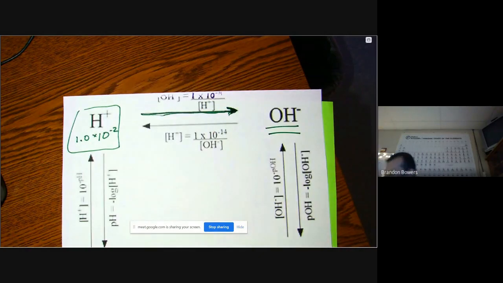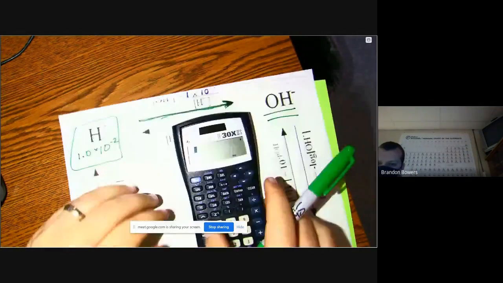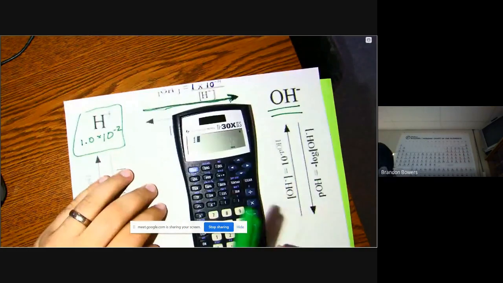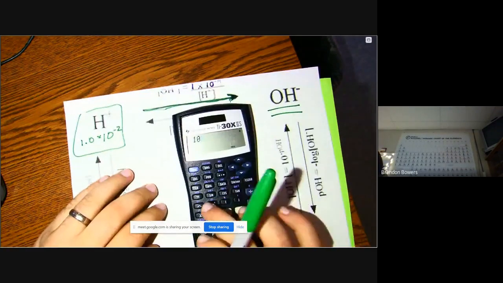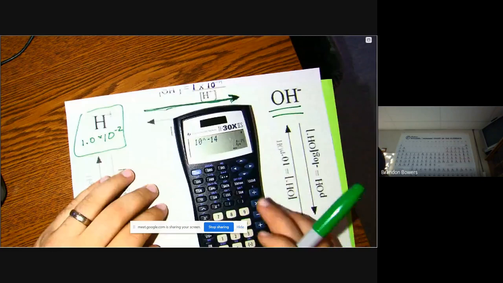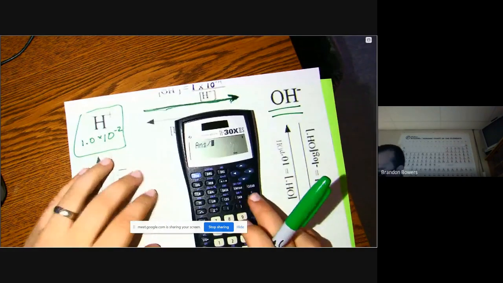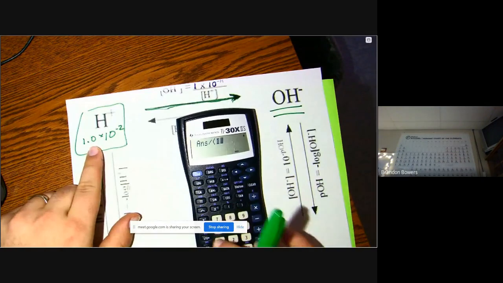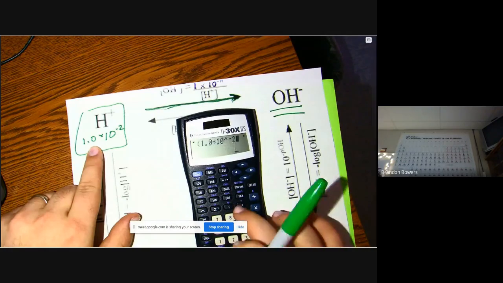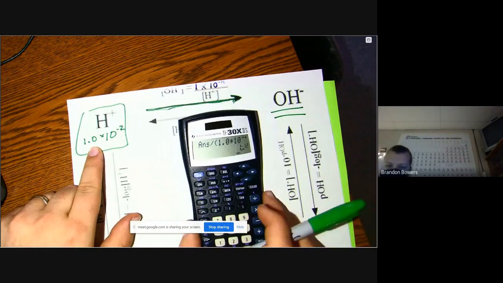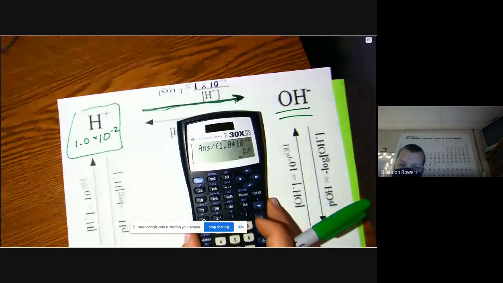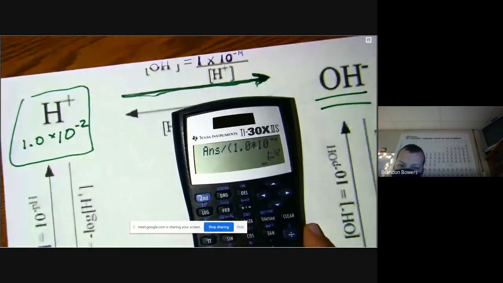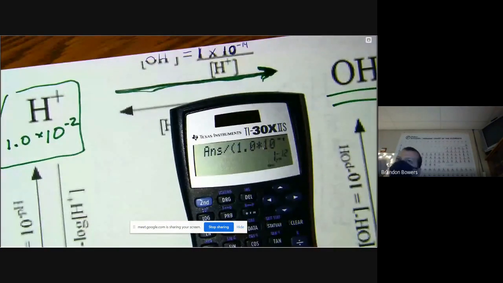So let's plug this in my calculator. 10 to the negative 14th power. And then divide that answer by what I was given. I was given 1.0 times 10 to the negative second. And my answer, I got 1 times 10 to the negative 12. Is that what you guys are getting?